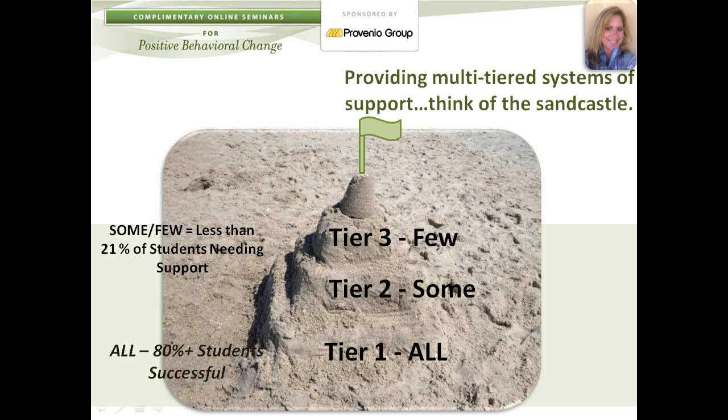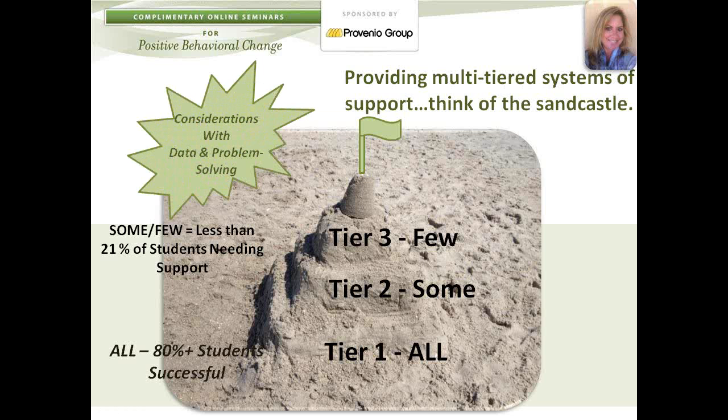And this way we balance things out so we don't use up all our resources on the majority of the students. And again, you'll see with Tier 2 and 3, we put those together because those would be the tiers of resources that are needing some very specific support beyond what everyone does in Tier 1.